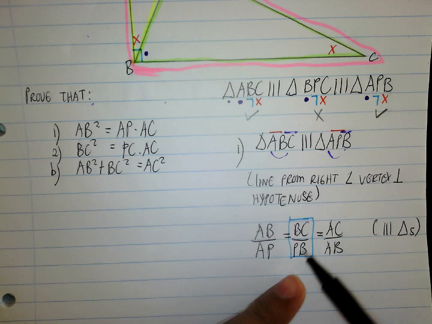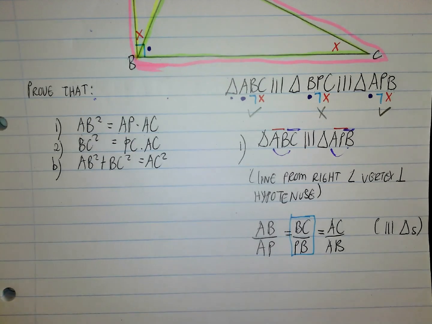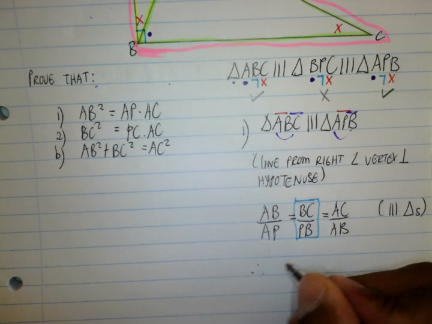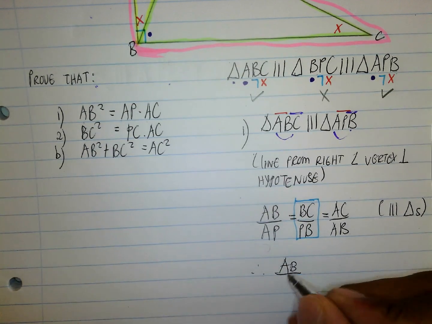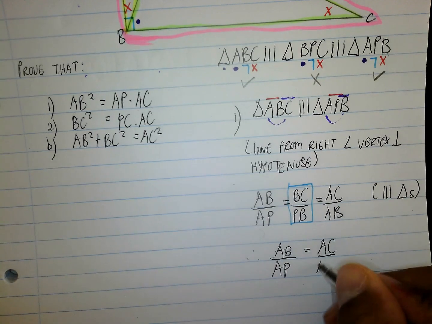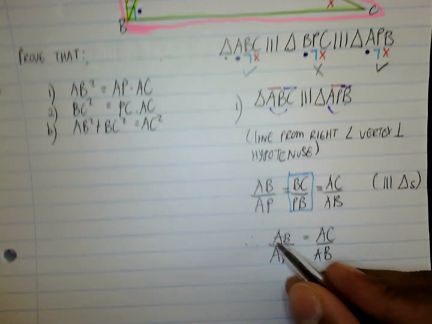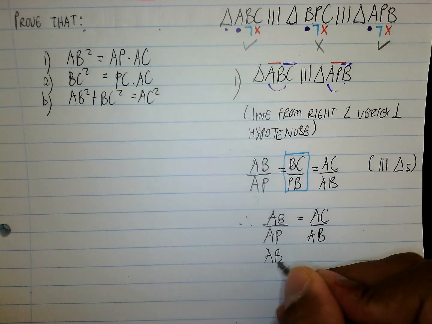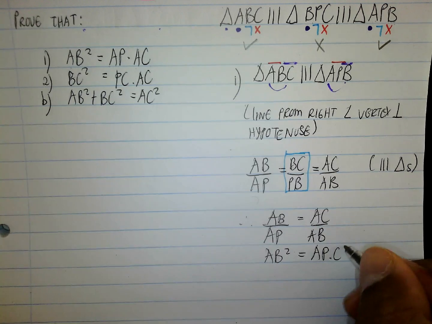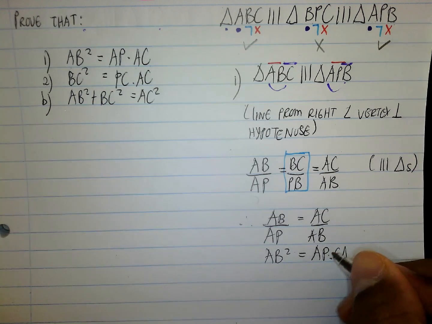So we are going to use only these two. Therefore, we have AB over AP is equal to AC over AB. Then when you cross multiply, you're going to have AP squared is equal to AP multiplied by AC. Sorry about this, multiplied by AC.